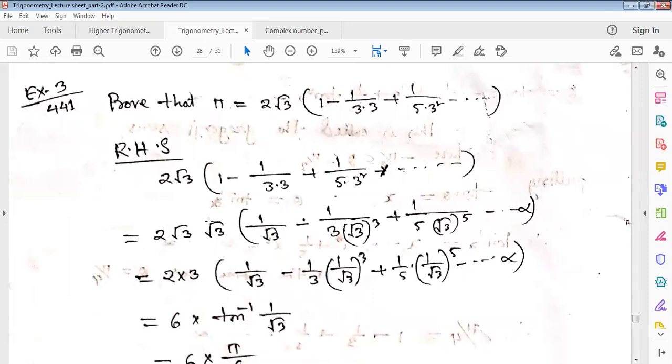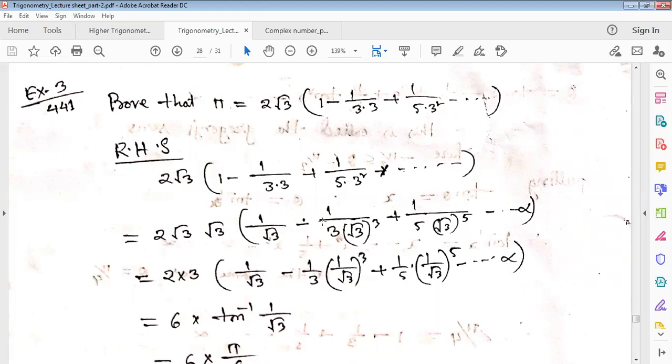Now 2 square root 3. If we take root 3 and divide by root 3 on all terms, dividing by square root 3 and multiplying root 3, then we get 1 by root 3, 1 by 3 into 1 by root 3 whole cube, plus 1 by 5 into 1 by root 3 to the power 5, to make a series. Root 3 whole squared is only 3.